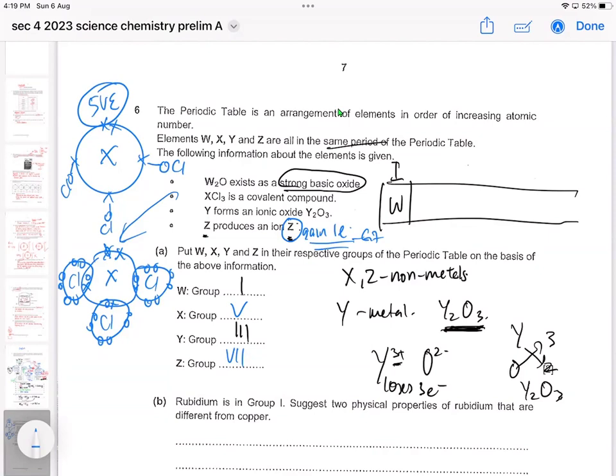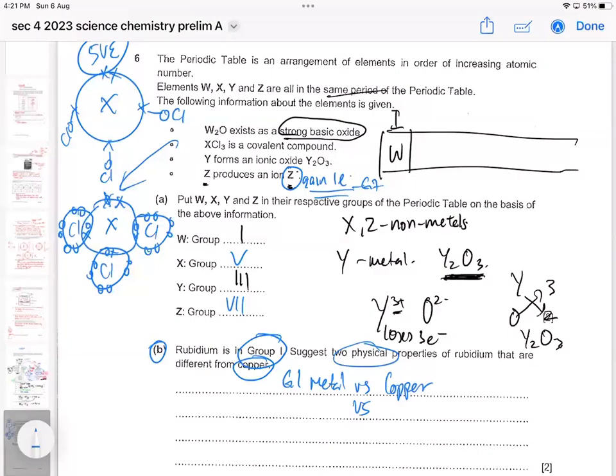Any questions for the grouping for W, X, Y, Z? So one of the things for group 1, we say that their melting and boiling points normally are very, very low.